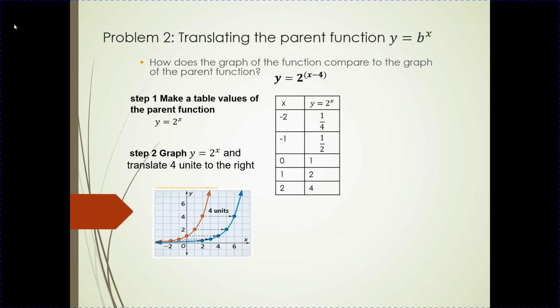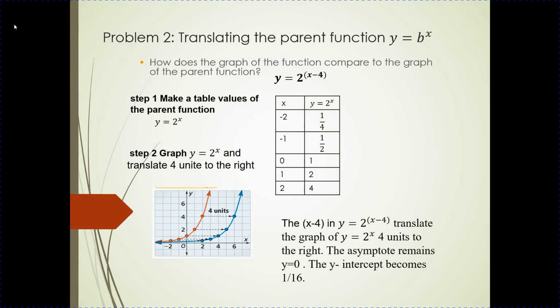The blue graph shows the graph of y is equal to b to the power of x minus 4, and the red one shows the parent function y is equal to b to the power of x. So the x minus 4 translates the graph 4 units to the right.